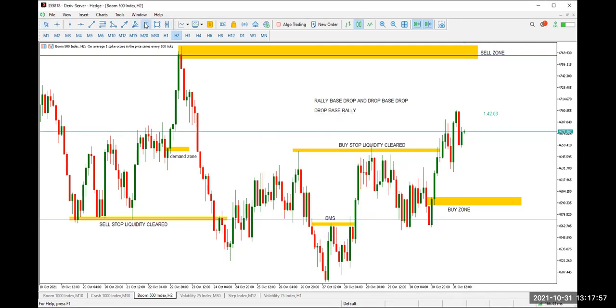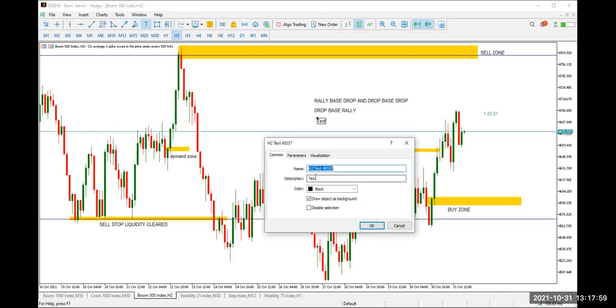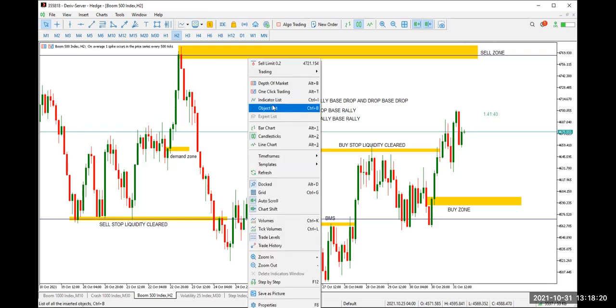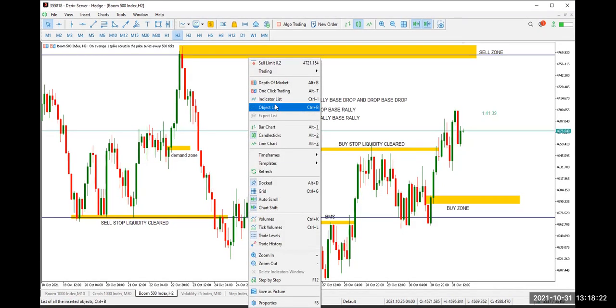And we have another one, which is rally, base, rally. So let us go and look for this demand zone in this market. I think I will need to plan.